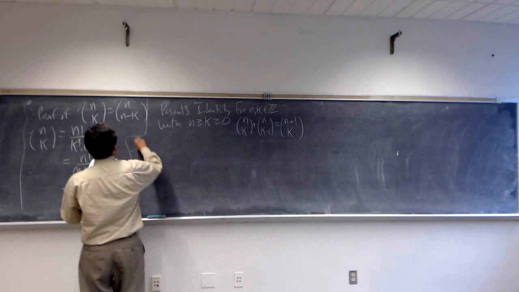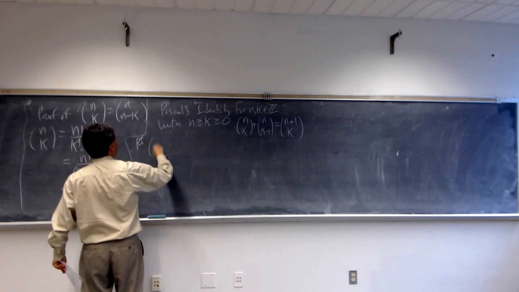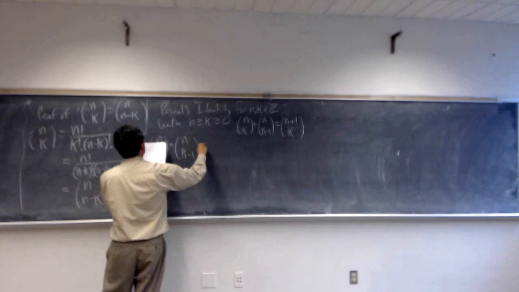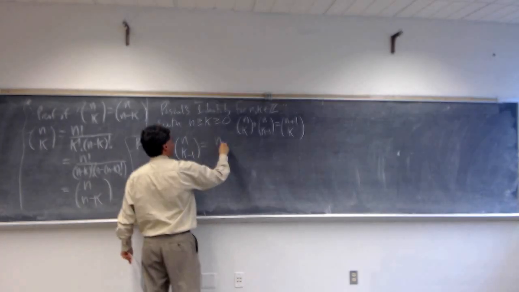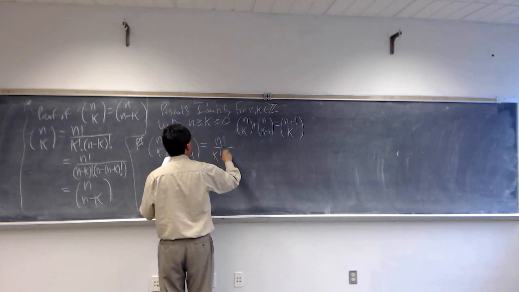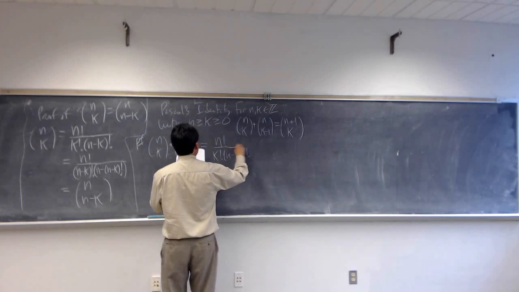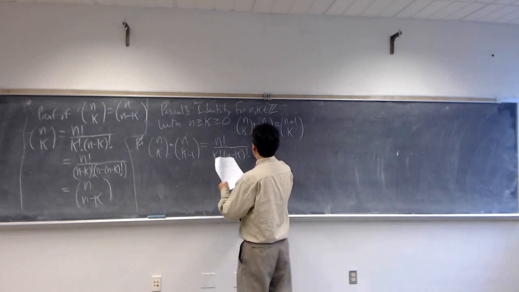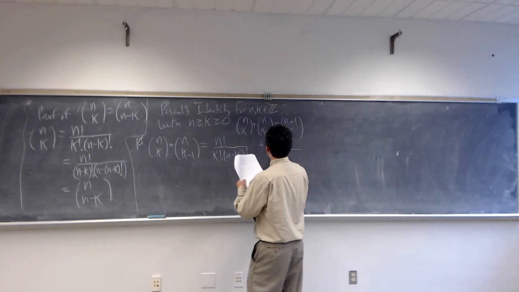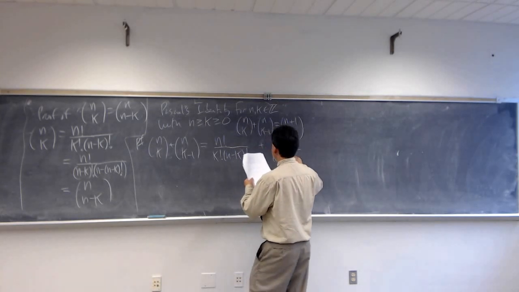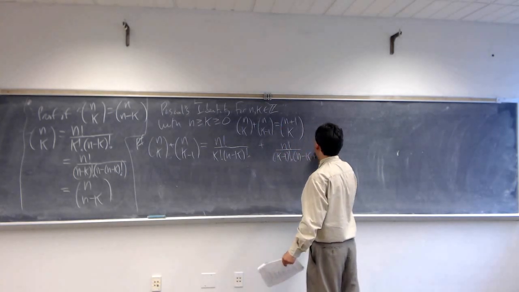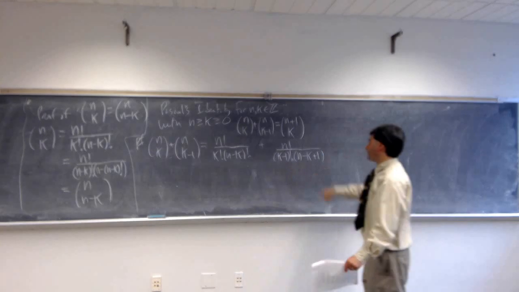So let's prove this, and again, it's just computationally. This is in the notes. We won't put in quite as much detail. So this is n factorial over k factorial times n minus k factorial, plus n factorial over k minus 1 factorial times n minus k minus 1, so minus k becomes a plus 1, negative k plus 1 factorial.